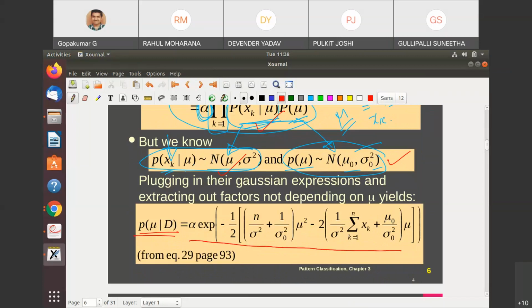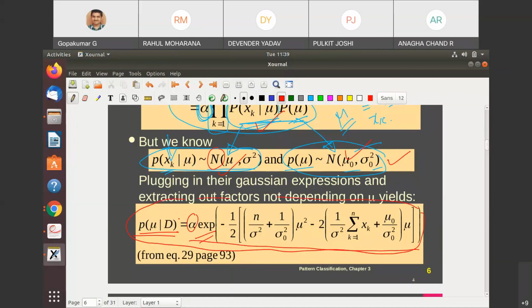You can see that there is an exponentiation that comes here. How that comes is we know that the equation of a Gaussian distribution is 1 by square root of 2 pi sigma square times exp of something. Similarly here also we have the previous equation of this kind. Again you can see that there is alpha.